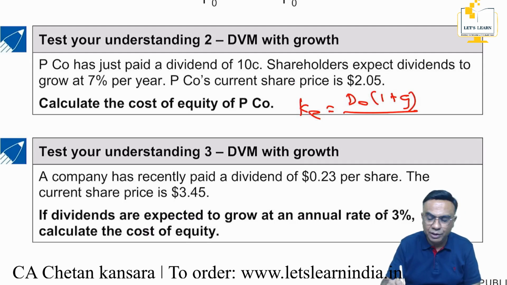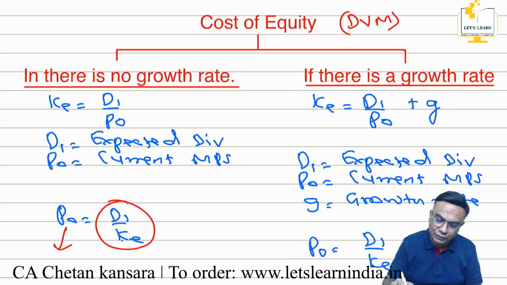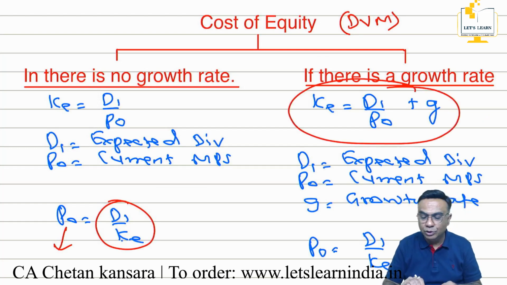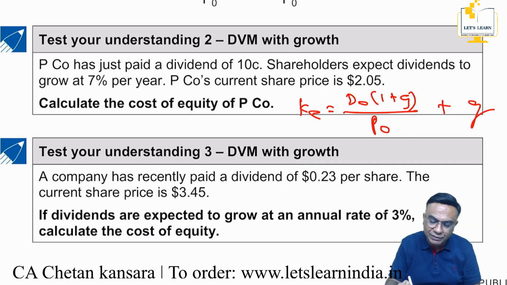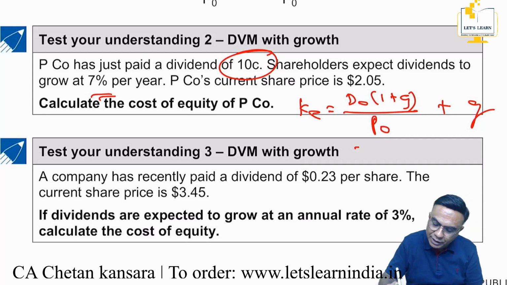KE equals D1 upon P0, plus the growth rate. See this formula? So what is D1? Expected dividend. How should I get expected dividend? The last dividend was 10 cents and there is a growth of 7%. So it will be 10 plus 7%, so 10.7 will be the expected dividend.